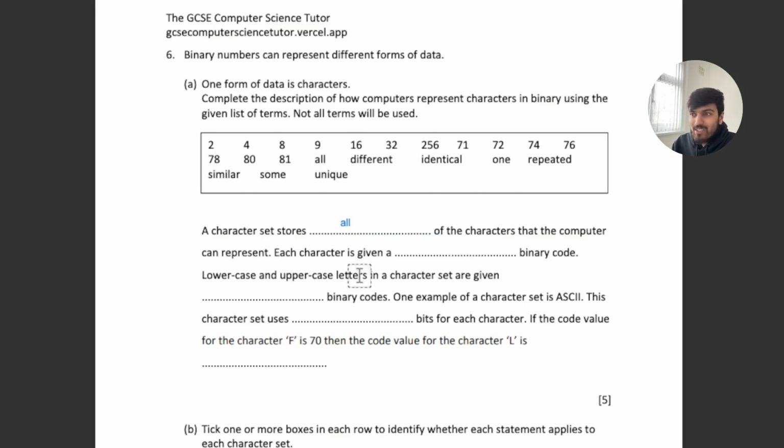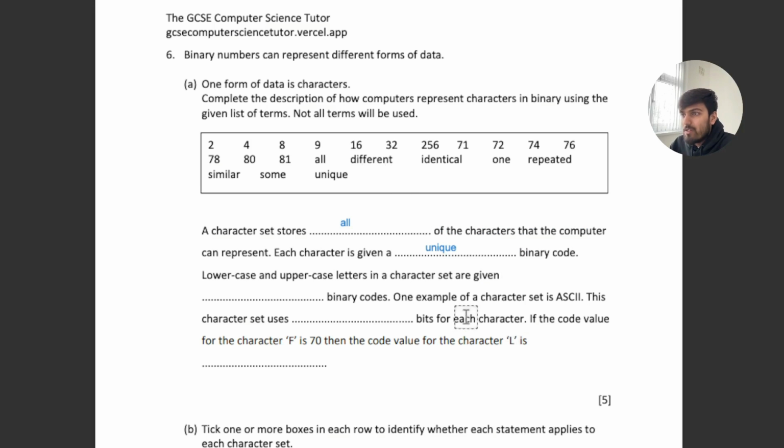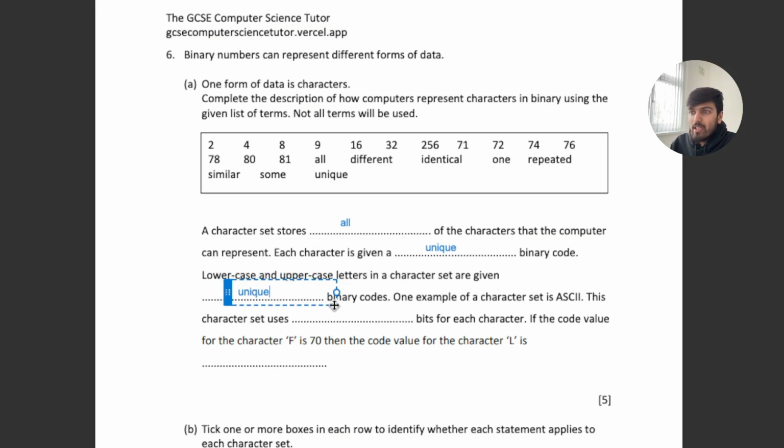Each character is given, well, it can't be the same, can it? So unique, or we can say different, a unique binary code. Lowercase and uppercase letters in a character set are given, again it can't be the same because they're different characters, so we can use unique or different, or we could have similar as well. It depends on what character set you're talking about.